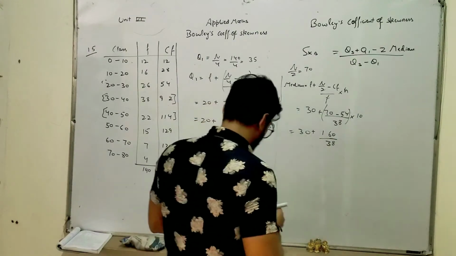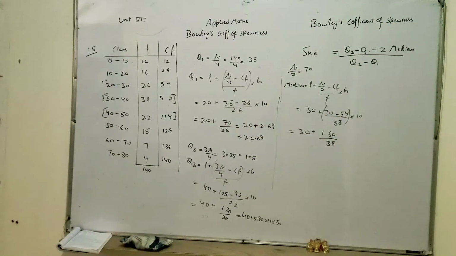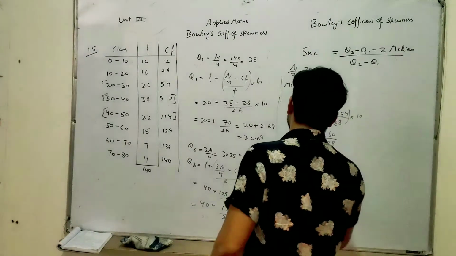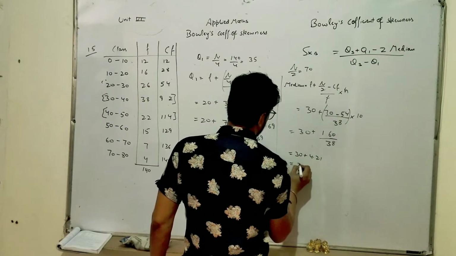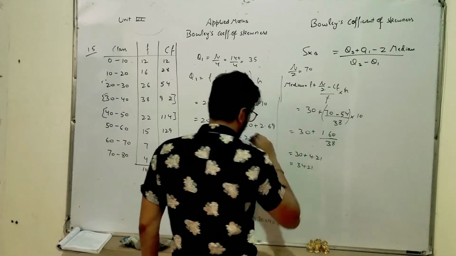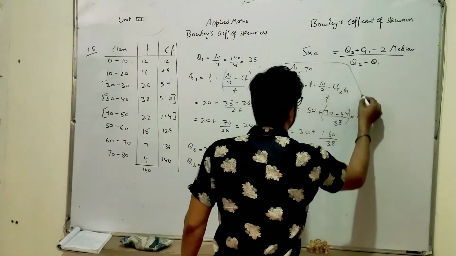When we calculate its value, it will be 4.21. So 30 plus 4.21 is 34.21.